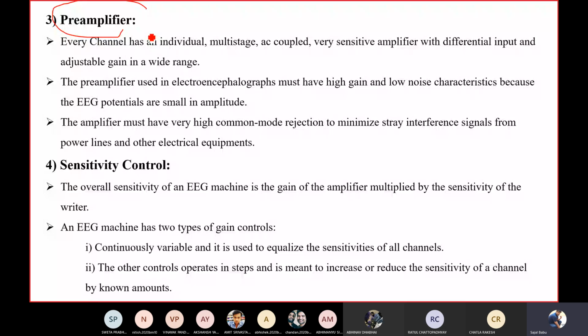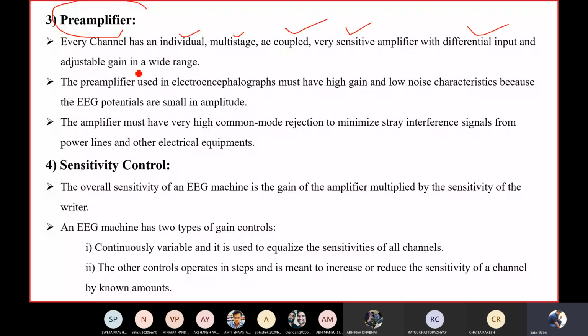That means the preamplifier that we use in the EEG machine is a separate preamplifier for each and every channel. If you are acquiring 16 channel output, then there will be 16 separate preamplifiers, or 32, or 64, depending upon the number of channels.